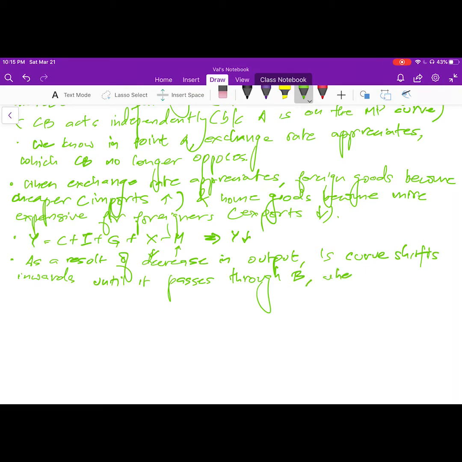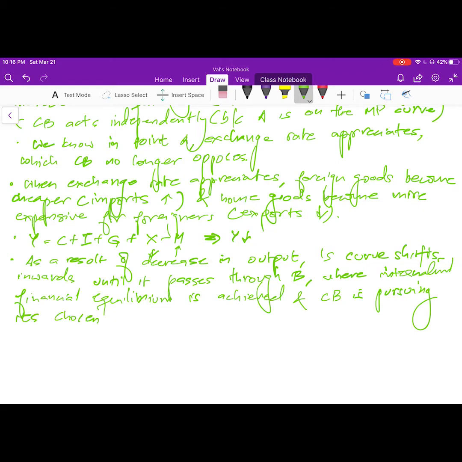where international financial equilibrium is achieved, right? And central bank is pursuing its chosen monetary policy, which is what?